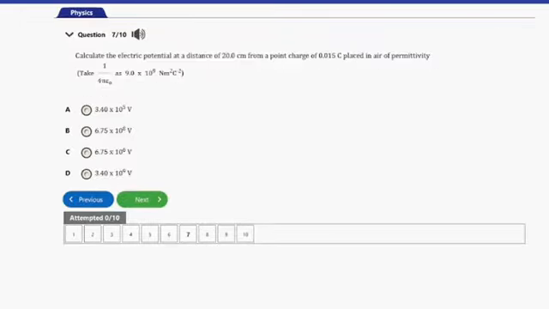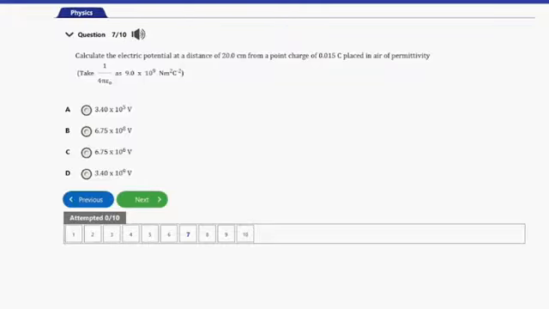So the next question here is question number 7. It says, calculate the electric potential at a distance of 20 cm from a point charge 0.015 coulombs placed in air of permittivity. So take 1/4 pi E naught as 9.0 times 10 to the power of 9 newton meter square per coulomb square.